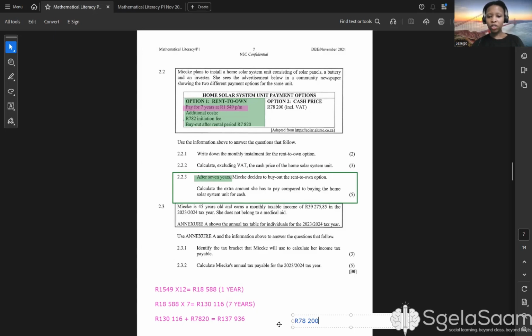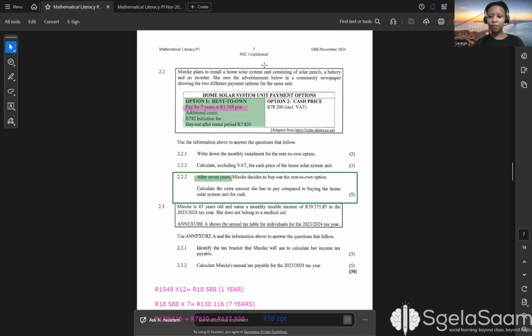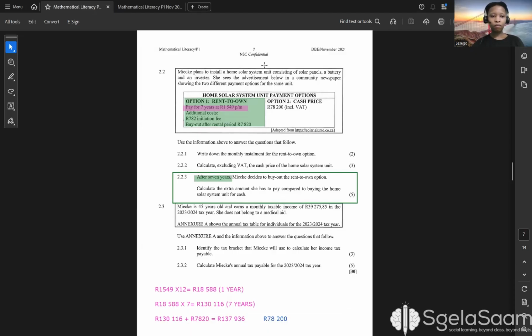Now let's go back to the question. The question says, calculate the extra amount she has to pay. So now we have to find the difference, because it asks what's the extra amount she had to pay. Not how much she paid totally and we're done. No, we need to find out the extra amount she paid.